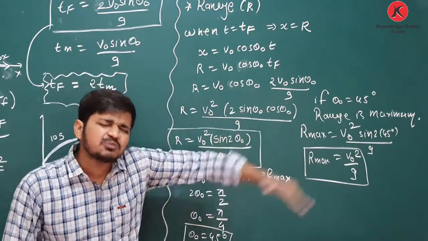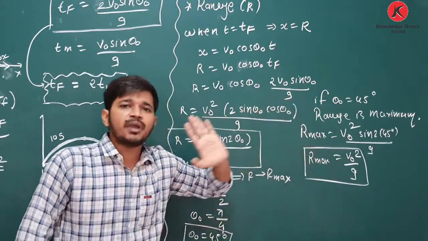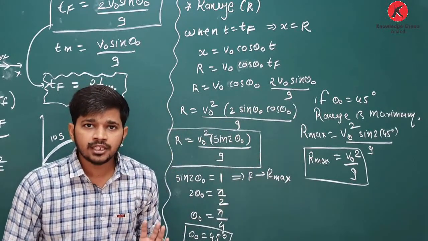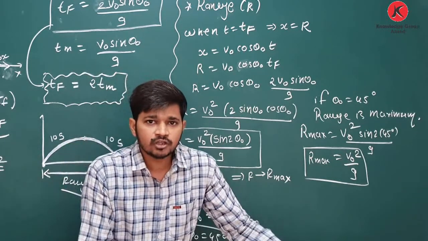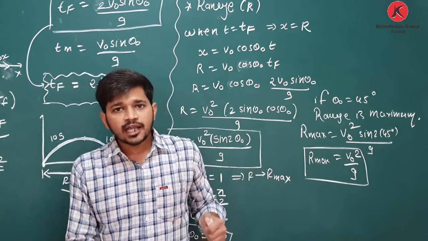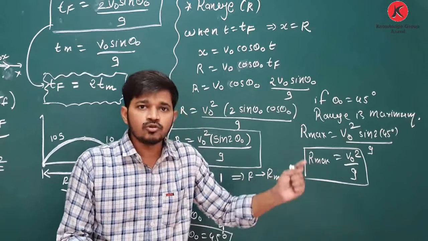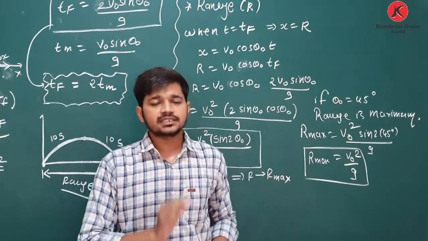Up to which maximum horizontal distance can we throw any object? At some angle I can throw this chalk to this much horizontal distance, but at a 45 degree angle, if I throw this chalk, it will go up to the maximum range, the maximum horizontal distance.